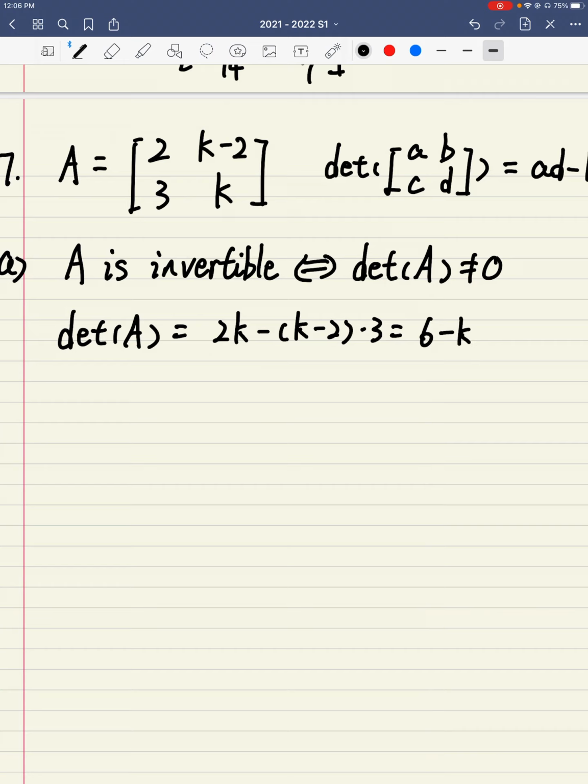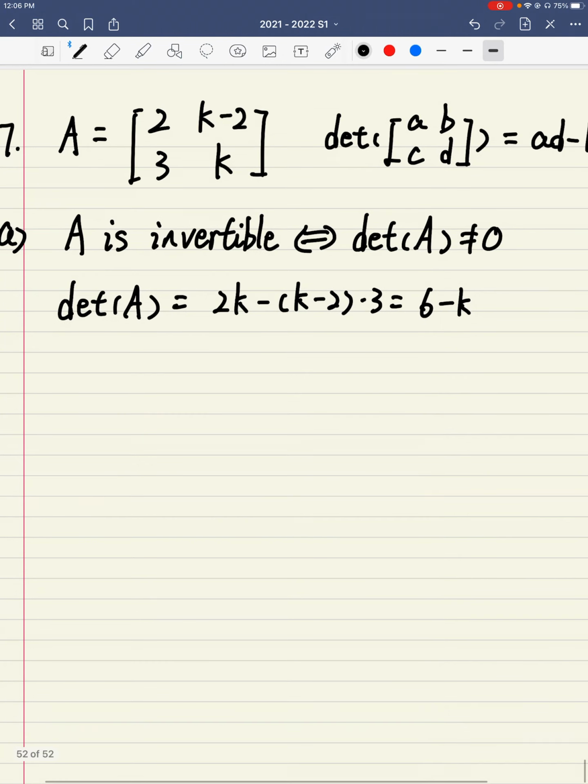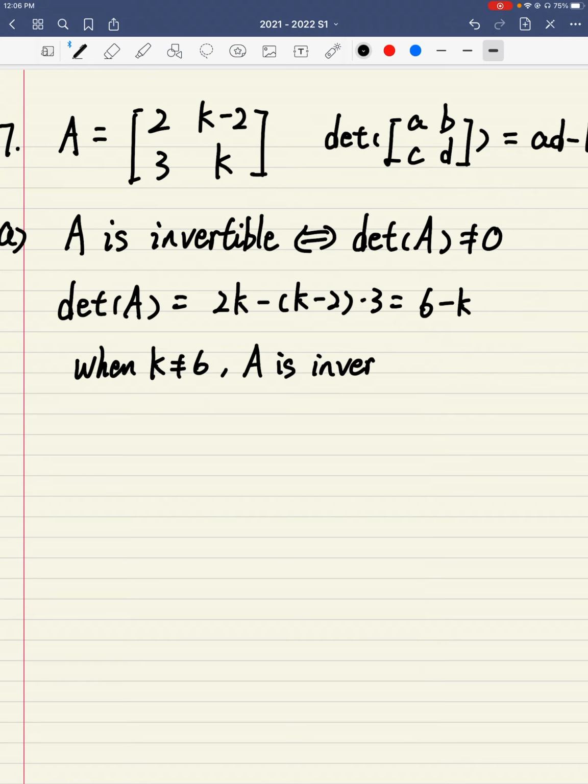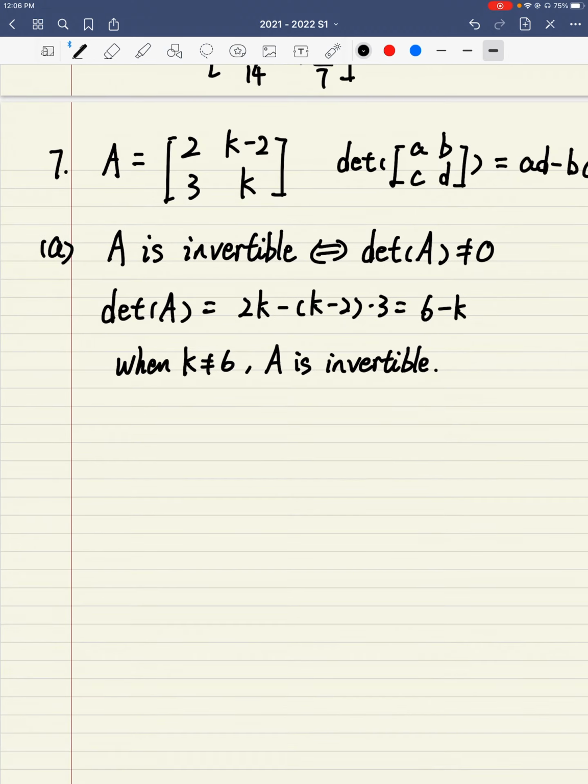The conclusion is that when k is not equal to 6, A is invertible.